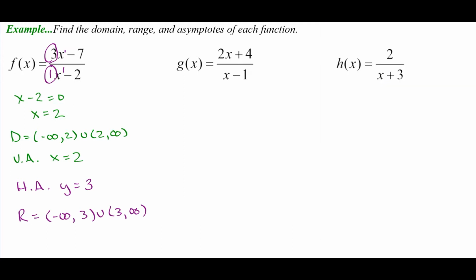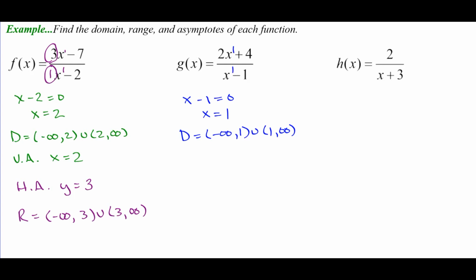Looking at the g of x function, we're just going to go through the same process. So x minus 1 equals 0, so x equals 1. So my domain is going to be all numbers except 1, so negative infinity to 1, and then 1 to positive infinity. The degree of my numerator and denominator, again, are both 1.